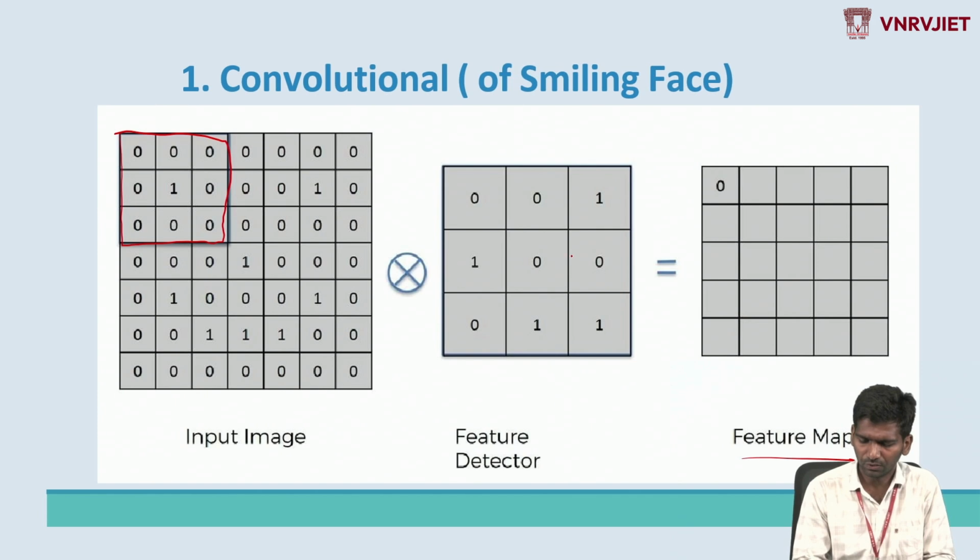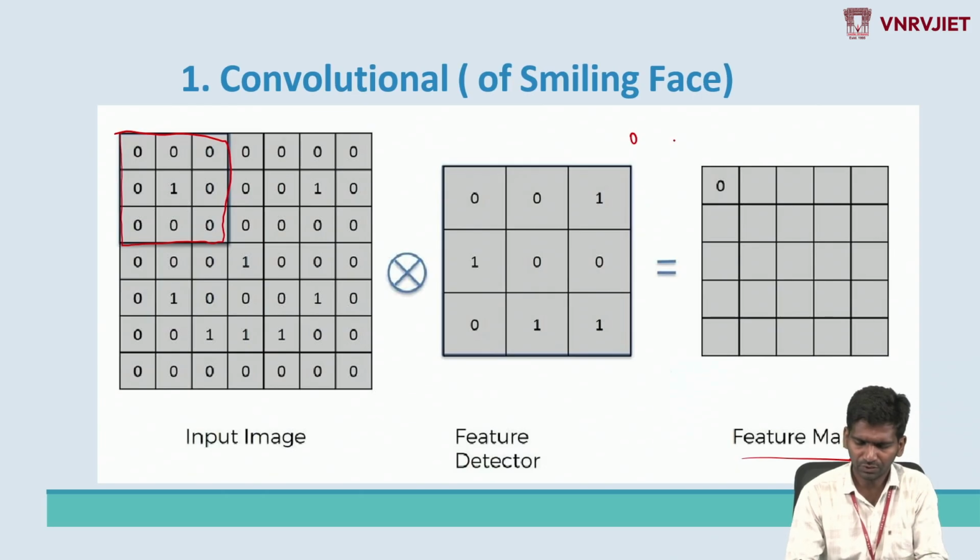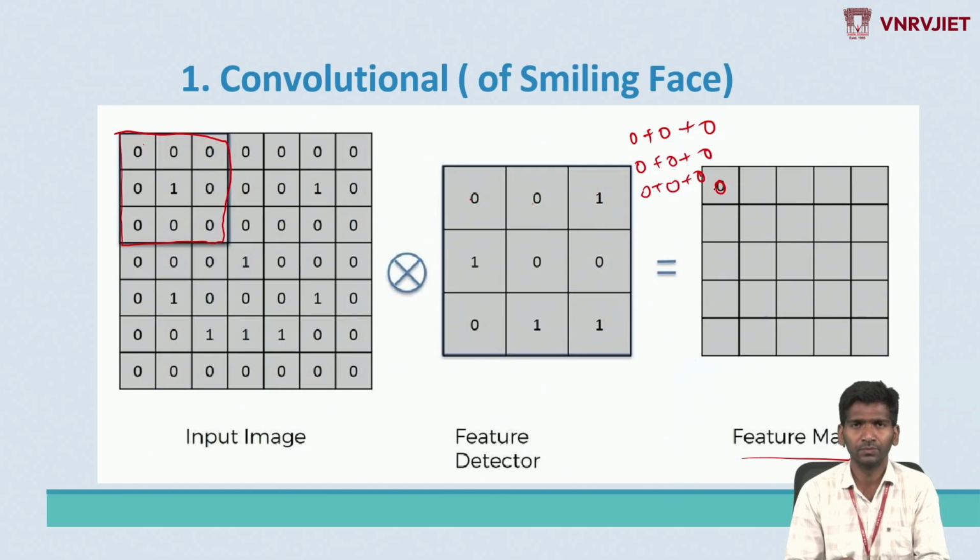If I multiply all of those with the feature detector, the whole thing will be 0, because 0 into 0 is 0, plus 0 into 0 is 0, plus 1 into 0 is 0, plus 1 into 0 is 0. So all of those, if you multiply, will be 0 only. That's why I'm putting 0 here.